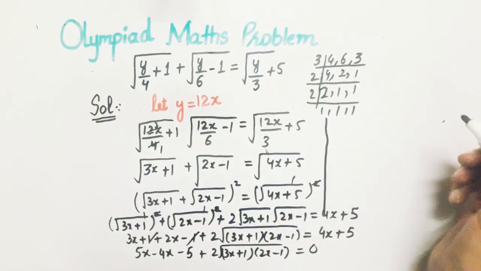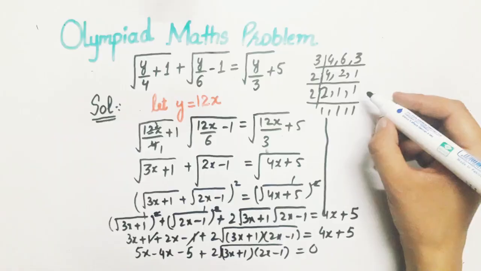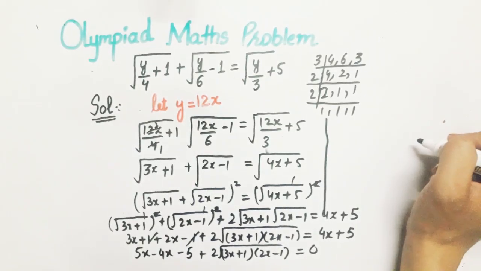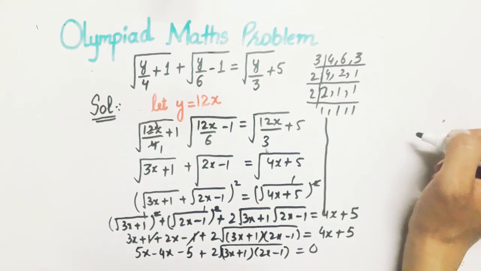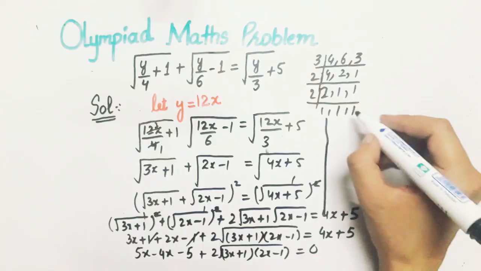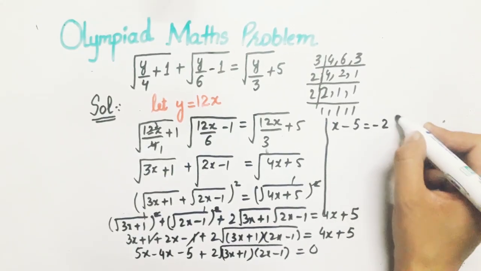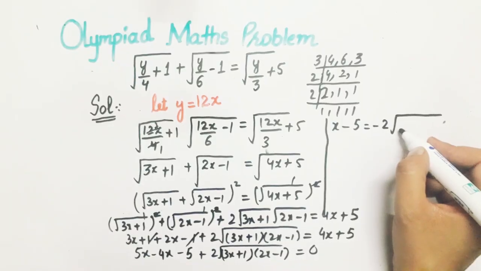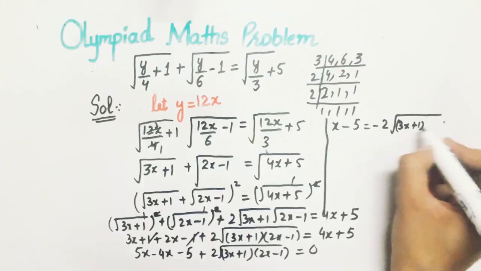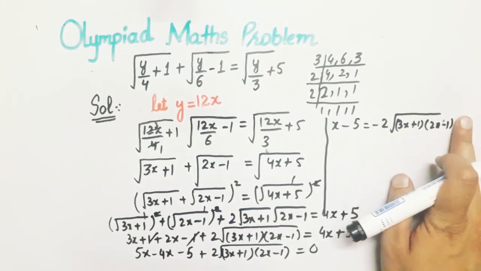So we get x minus 5 equals minus 2 times root of (3x plus 1)(2x minus 1), because this goes to the other side.